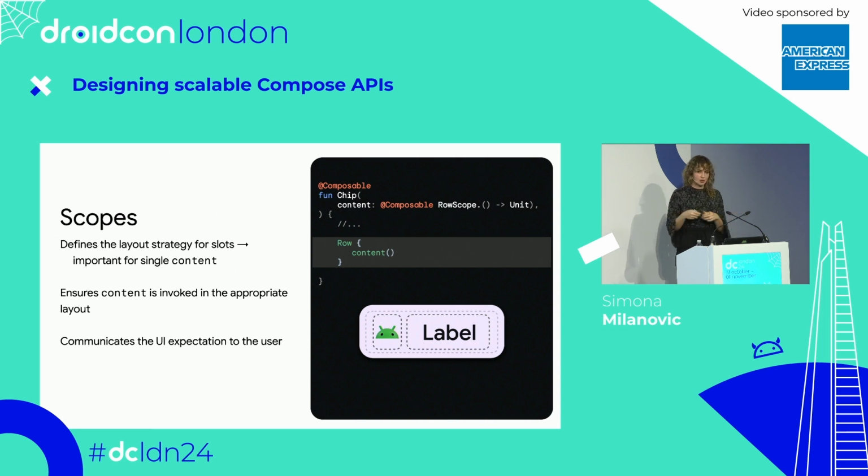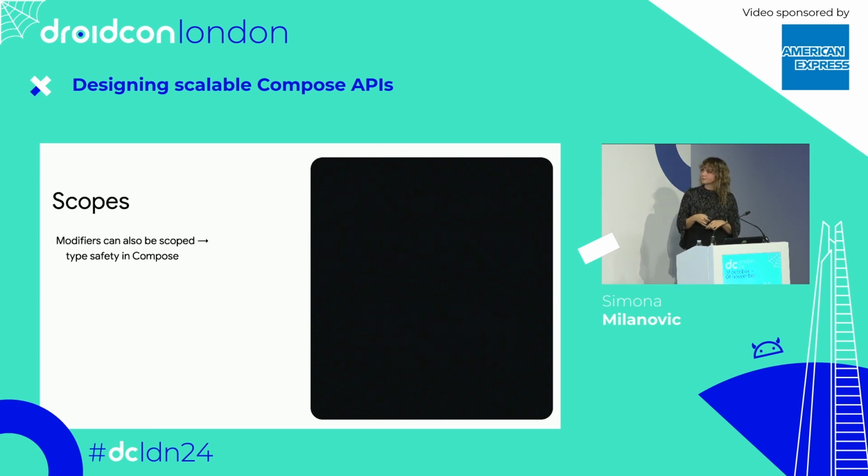Another potential good example of scopes could be column scopes or box scopes, and they're also good candidates for this layout strategy. Modifiers in Compose can also be scoped to an individual layout in Compose. This provides type safety and protects you from trying to use a specific modifier in a composable where it makes no sense to use it.